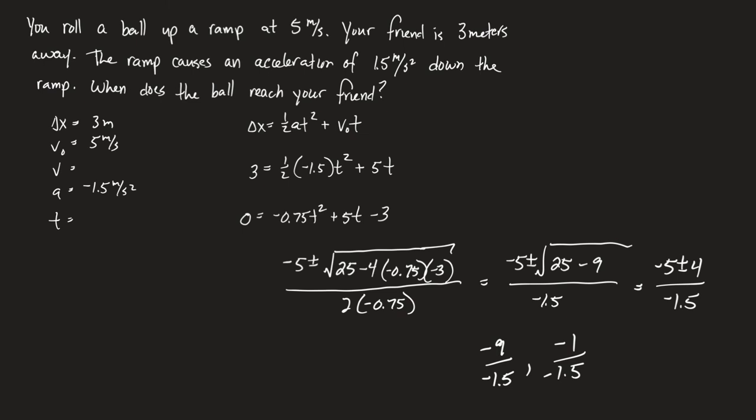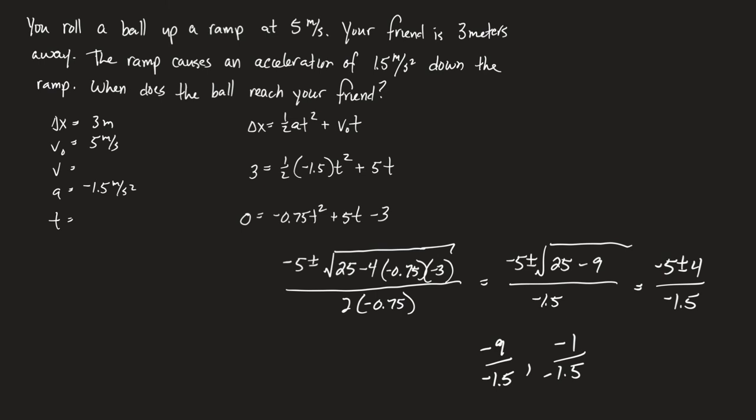Both of those answers are positive, right? That's because the ball passes your friend on the way up and then again on the way down. There's two positive answers. Both of them are right. I don't know if your friend caught the ball or not. You have to interpret why there's two positive answers.